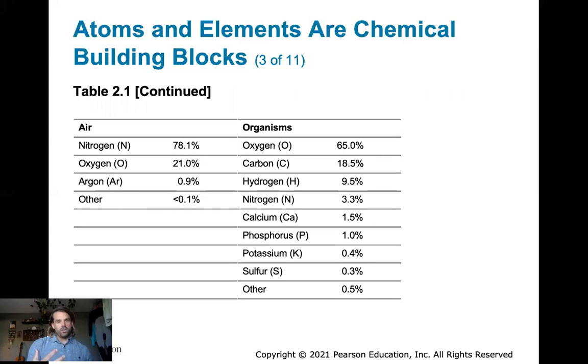And when you go to things like organisms, we're talking about plants, animals, you, me, we're mostly made up of oxygen, primarily because we're water-based, right? H2O. But the next element down is carbon. We got a lot of carbon in our bodies, and as do all living things.